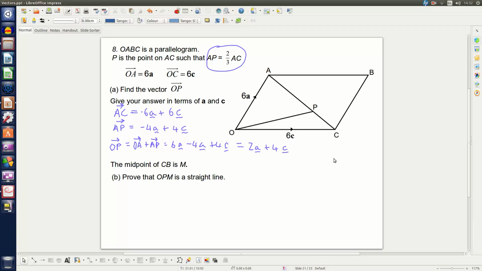Okay, let's get on to the interesting part of the question though. The interesting part of the question is the next part, where it says the midpoint of CB is M. Prove that O, P and M lie on a straight line.